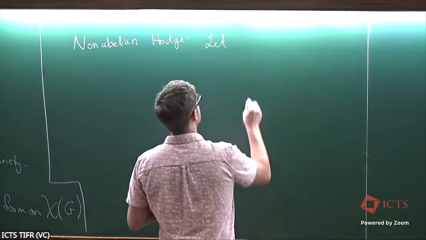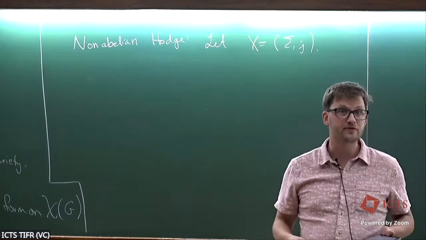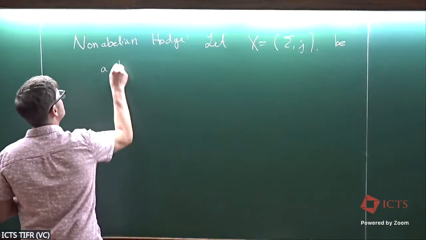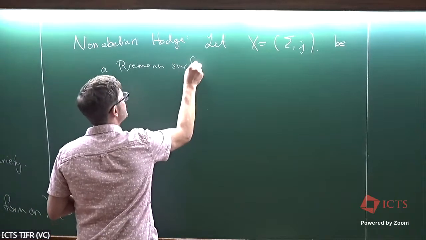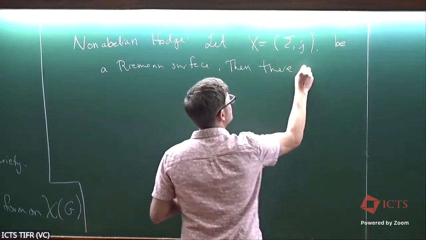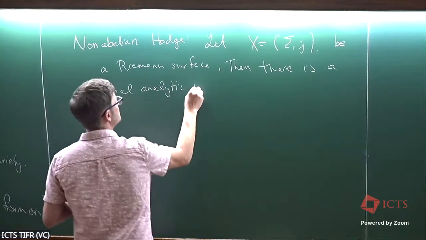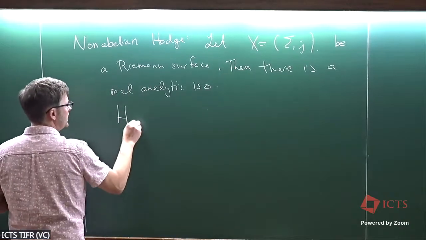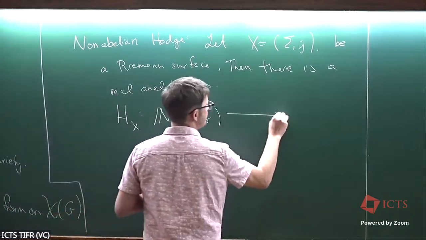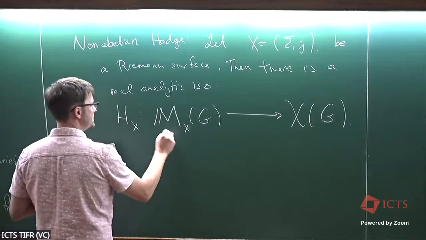The theorem says that if I enhance my topological surface into a Riemann surface, a complex manifold X, then there is a real analytic isomorphism, which I'll call H_X, from some other space, which will be called M_X, to this character variety. So what's this space? This is the moduli space of Higgs bundles.